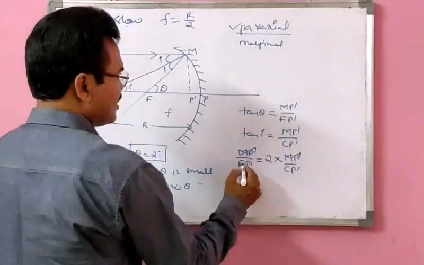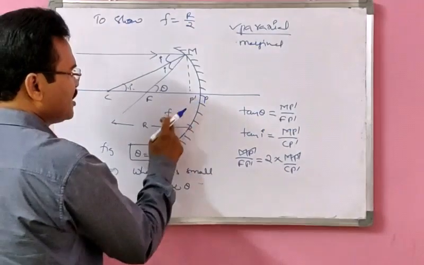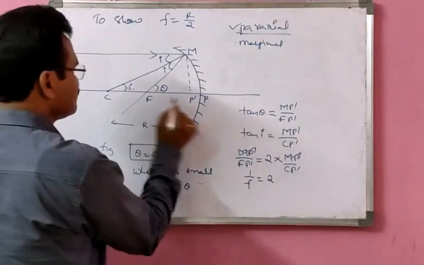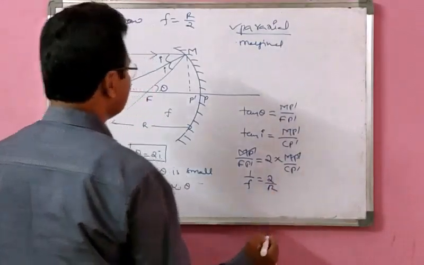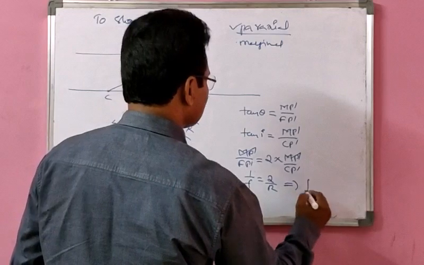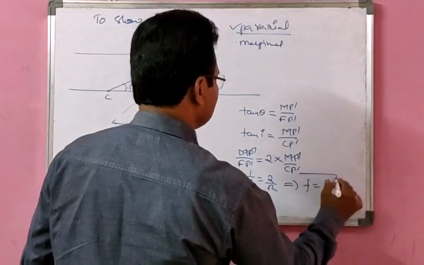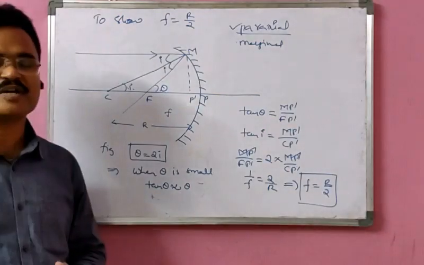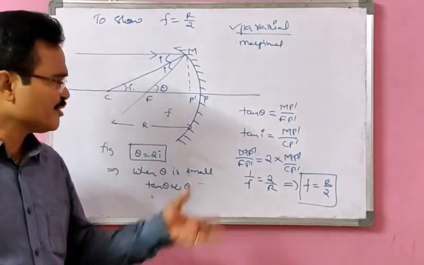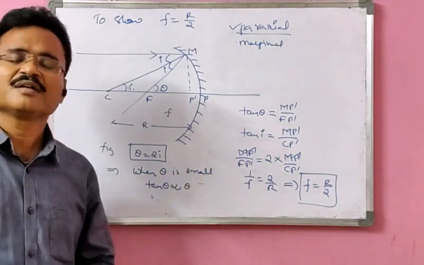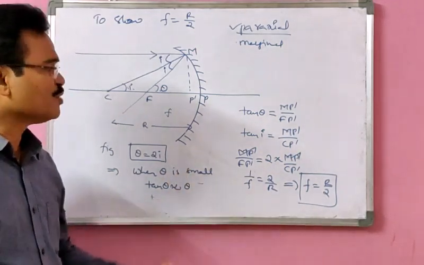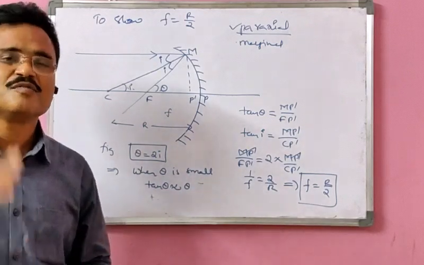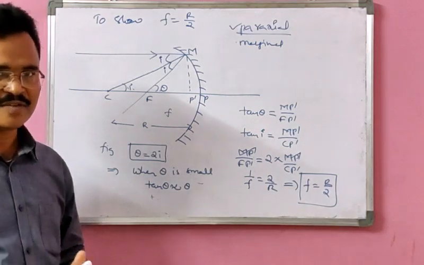MP dash cancels, and FP dash is f, so 1 by f equals 2 by R, since CP dash is R. So f equals R by 2. That means the focal length of a concave mirror is half of the radius of curvature. It is also applicable for a convex mirror, but we have proved this for a concave mirror.